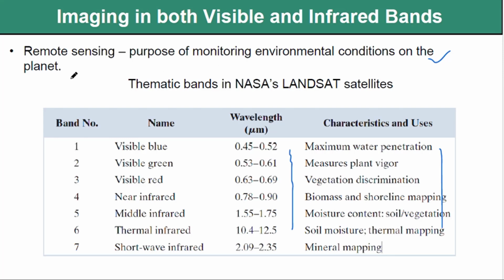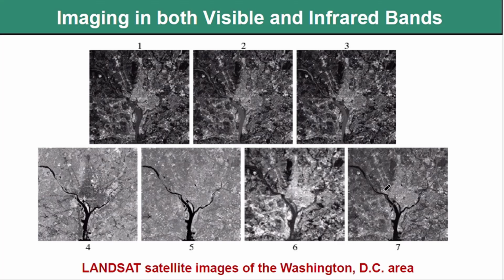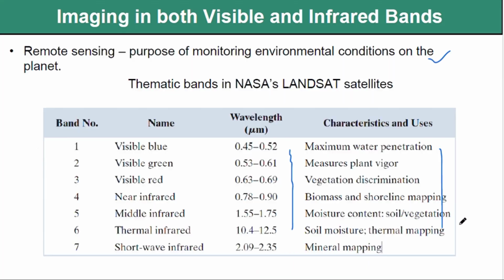What is meant by remote sensing? The purpose is monitoring environmental conditions on the planet. See here is an example which shows the images taken in these 7 bands. And these are the uses.